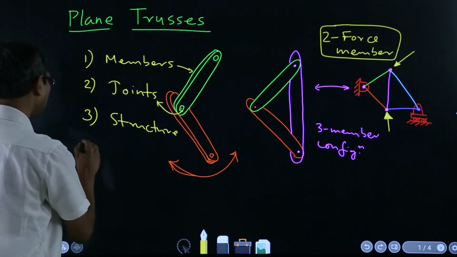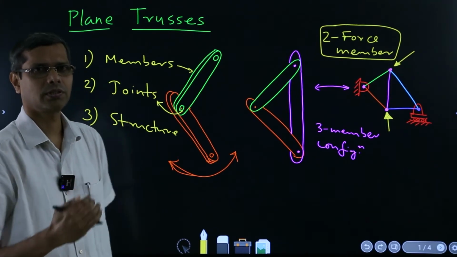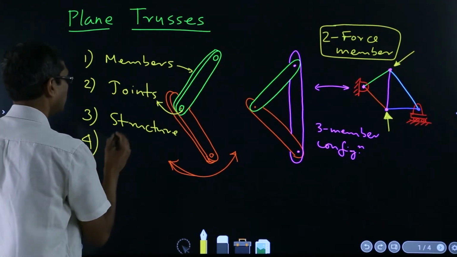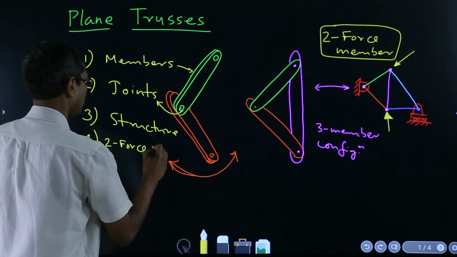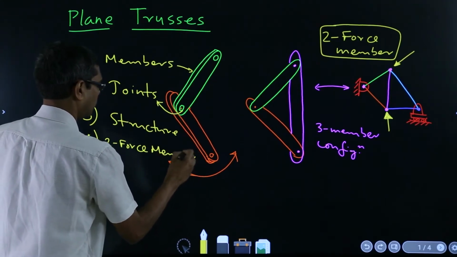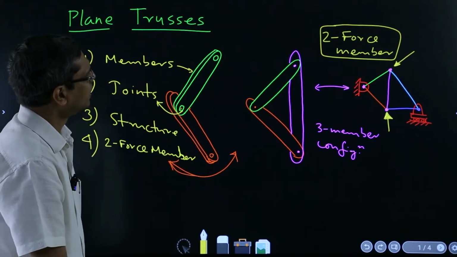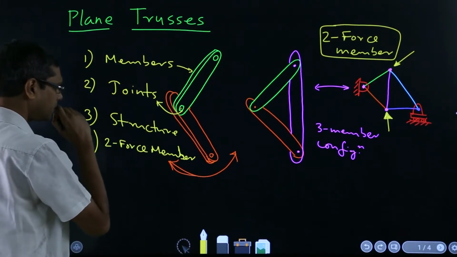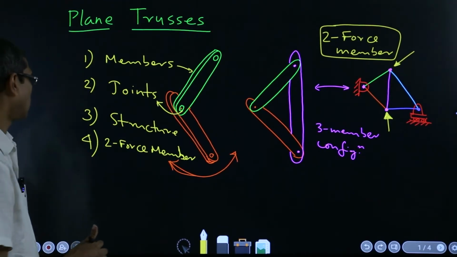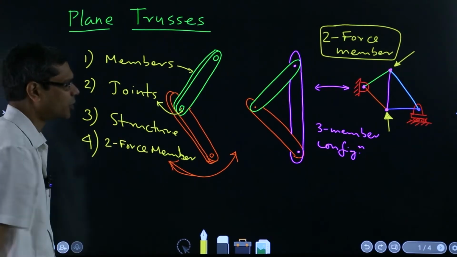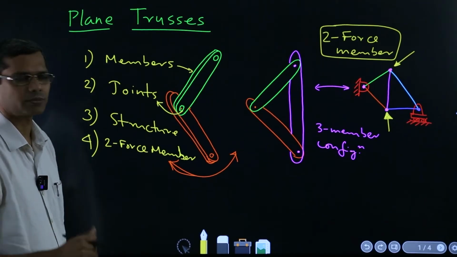And then I'm just pointing out the salient features of a truss, then each of the members is a two force member. So these are in fact I would say the most four important things, or all the points which are required to define or call some structure a truss.